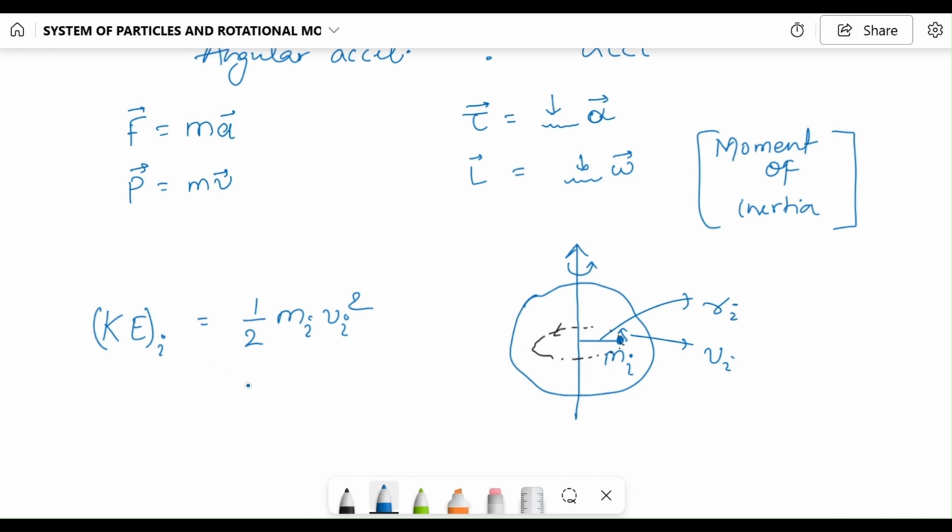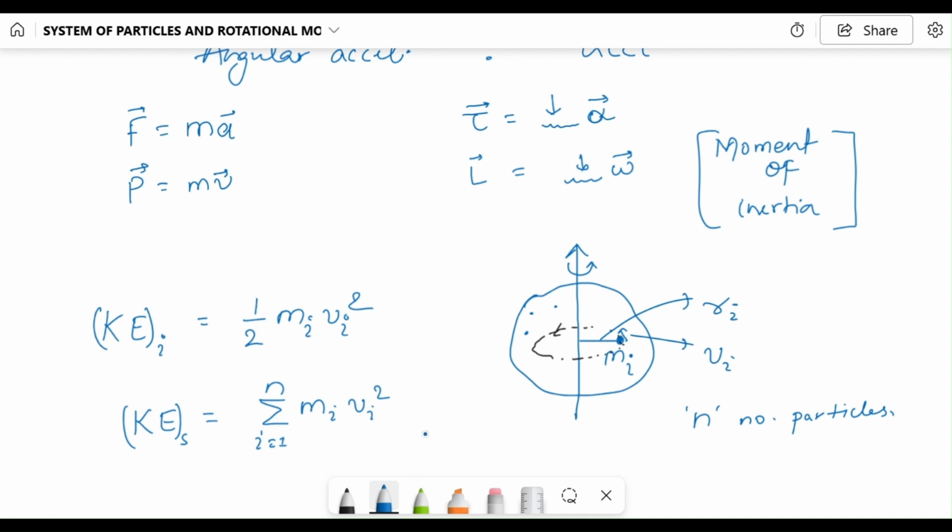If we want to know the sum of all these kinetic energies, meaning if we are choosing all the particles from first to nth particle, as I said, this system is made up of n number of particles, then the total kinetic energy of this system, let me write it KE of system, will be the summation over i equals 1 to n of 1/2 mi vi squared.